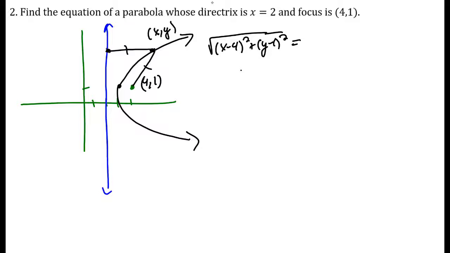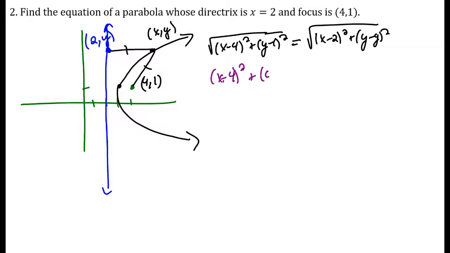Well, what point is that, what blue point is that there? I know the x value has to be 2, and I have the same y value. So it equals the square root of (x minus 2) squared plus (y minus y) squared. If two square roots are equal, their radicands are equal, so we can basically square both sides to get rid of the square root.